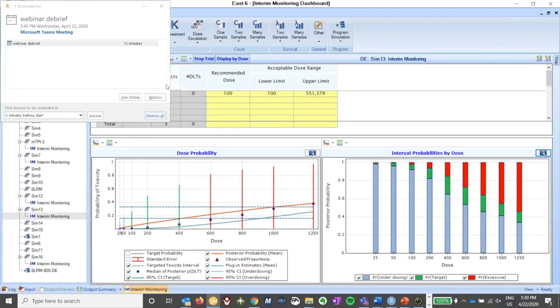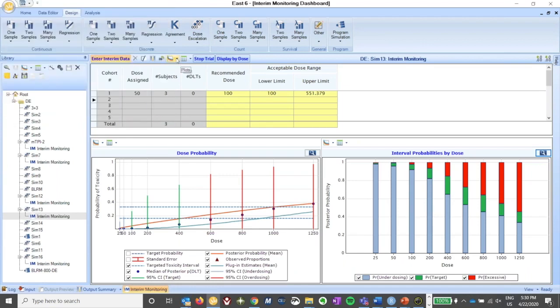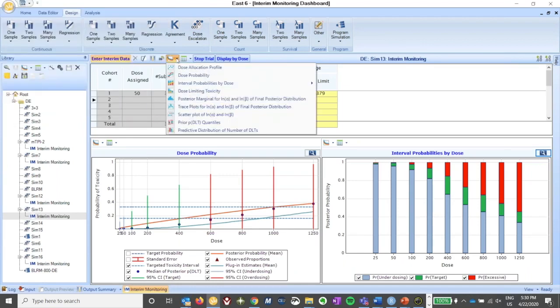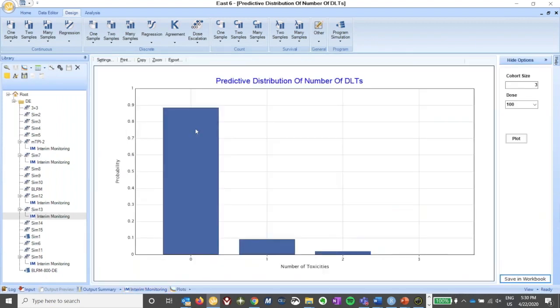Another very useful piece of information that you have in here is the predictive distribution of the number of dose-limiting toxicity. This will show you for the next dose level, as well as for any dose level in the future or in the past, in a cohort of size 3, what are going to be your chances of having 0, 1, 2, or 3 toxicities.